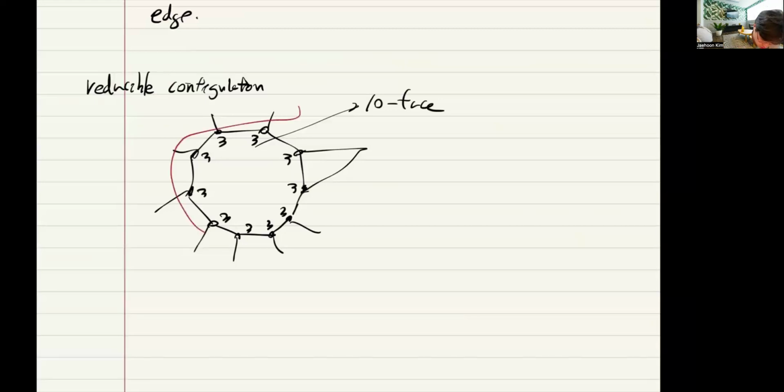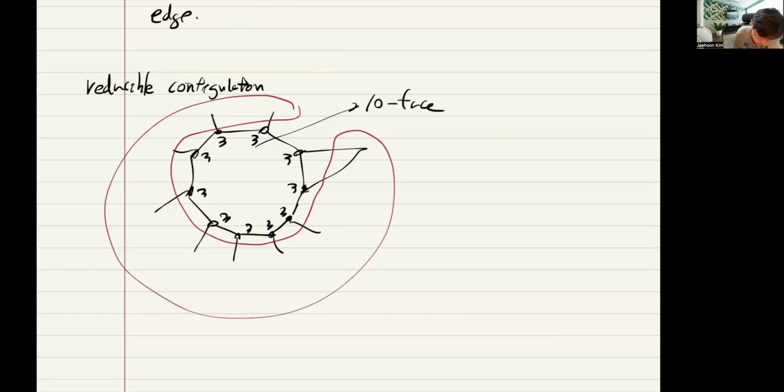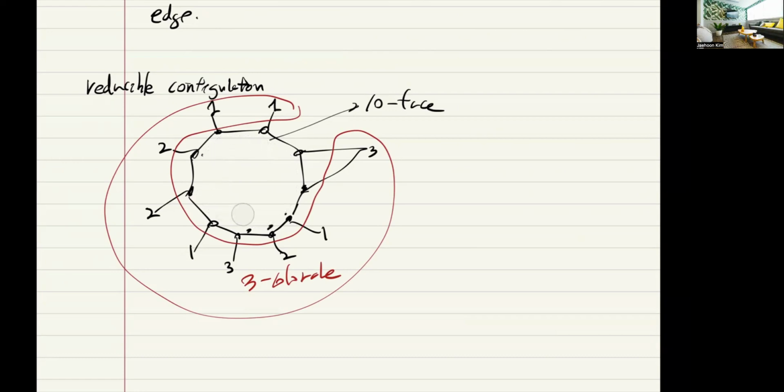Why? You color everything else. You delete this face, and then the remaining graph is 3-colorable. And then you color everything else. Now, let's say this is colored by colors 1, 1, 2, 2, 1, 3, 2, 1, 3. Then what you do? You have this even cycle.